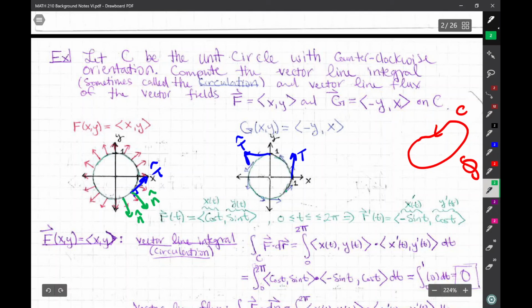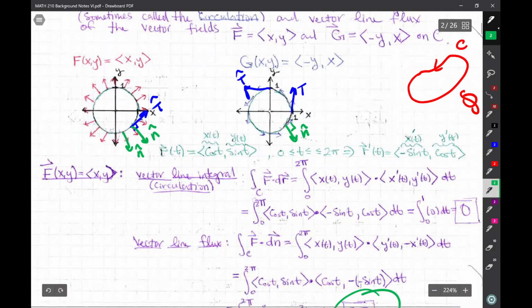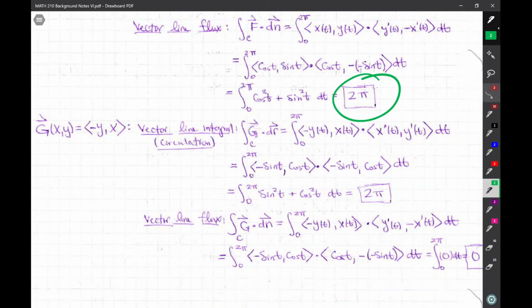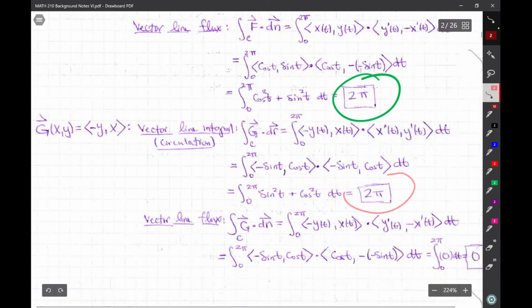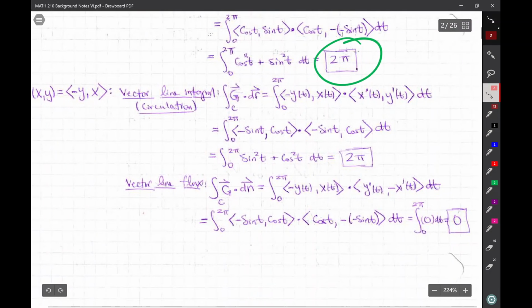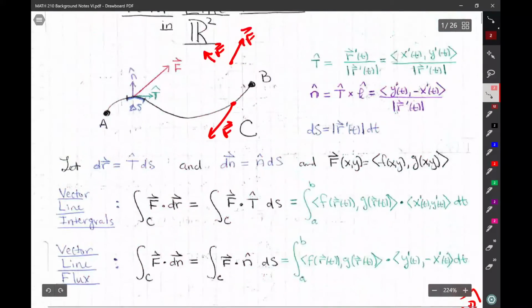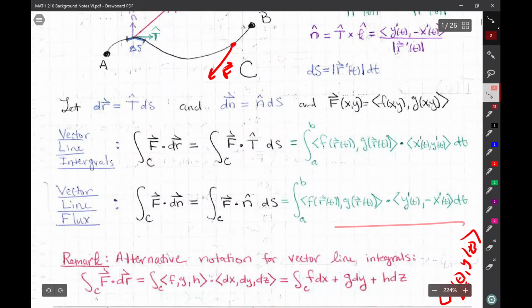On the other hand, the normal vectors point out, and there's 90 degrees between them, and the dot product between them will be 0, because cosine of 90 is 0. So we get 2 pi for the circulation, as we expect, and doing this formal integral using the formula, we get 0 for the flux.